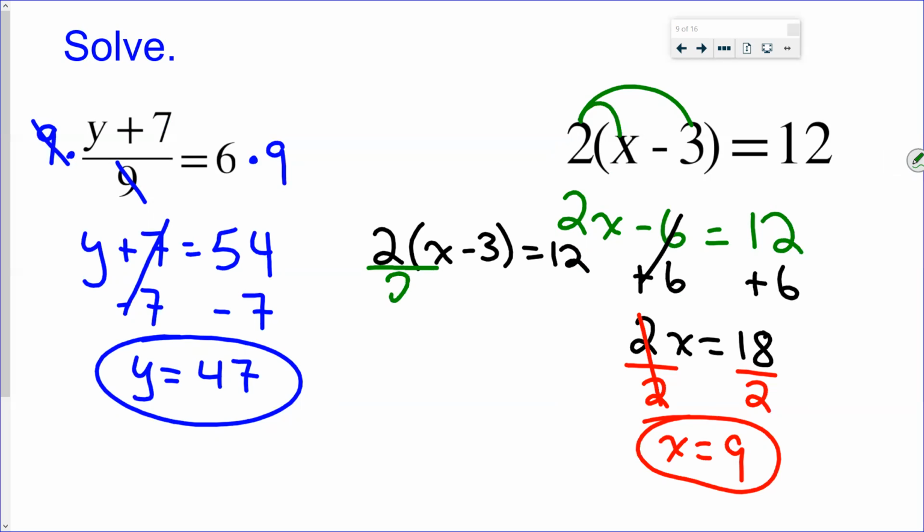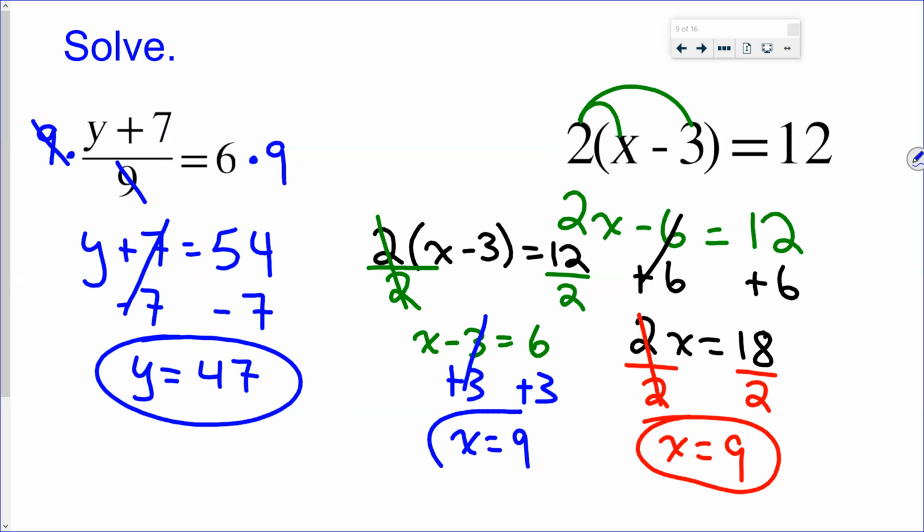So we could actually divide by 2, leaving us with x minus 3 equals 12 divided by 2 is 6. Now we have a one-step equation. Add 3, x equals 9. So we solved this equation two different ways and we got the same answer.